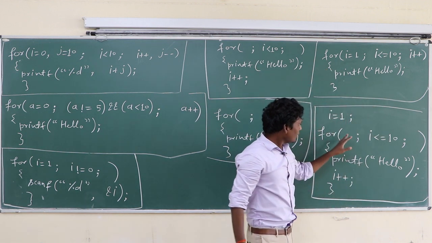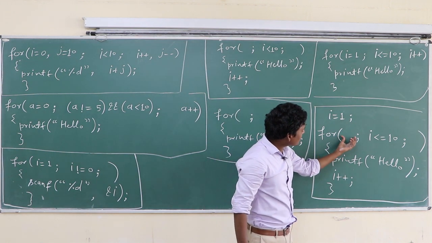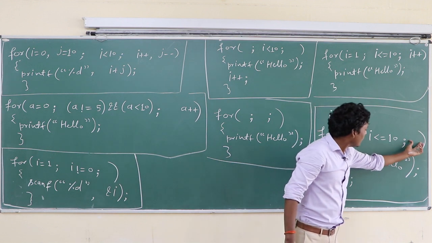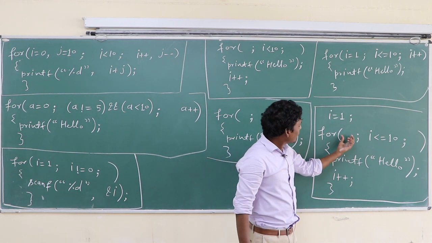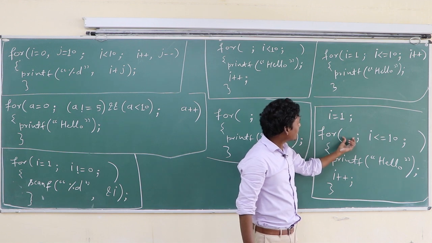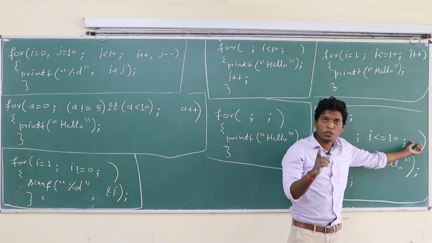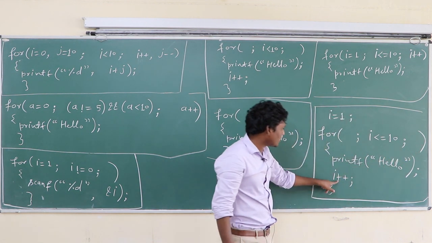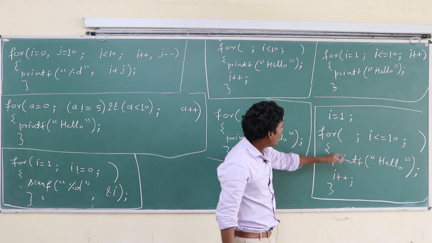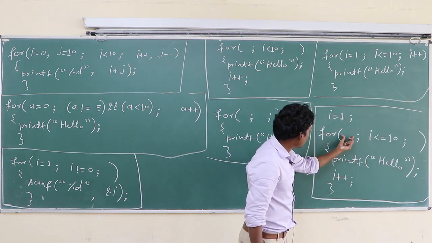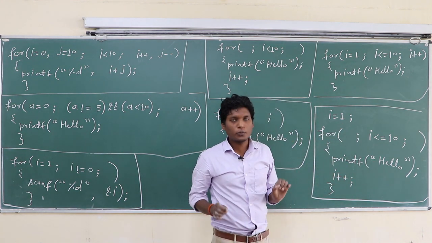Class, this is another version of for loop. Here the initialization section is missing. Here the increment or decrement section is missing. So here i equal to 1 is placed above, and i plus plus works at the end of the loop, so it is placed at the end of the loop. This initialization is right above the for loop. So this for loop is also true.